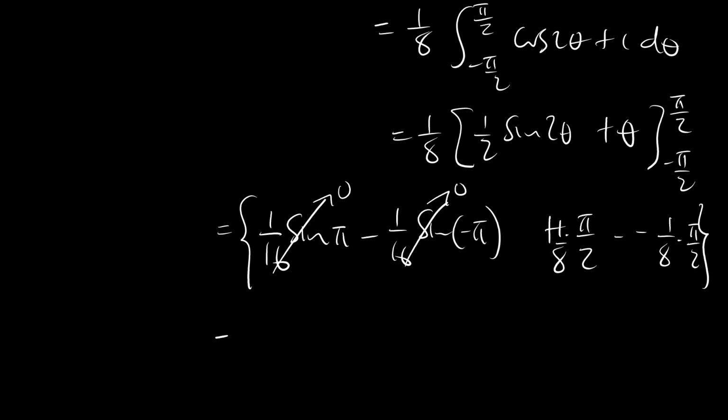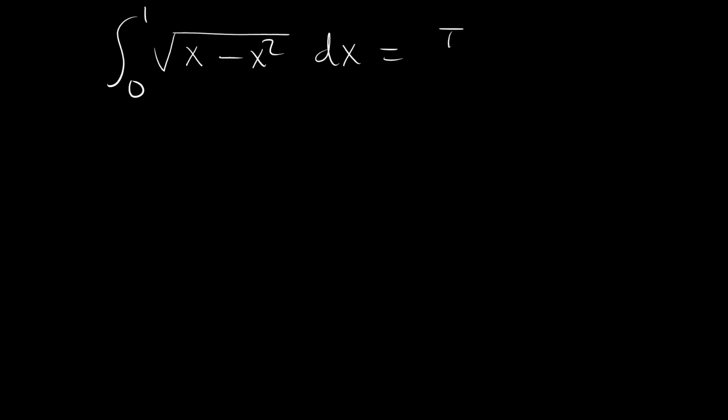So this is simply 1/8 pi, or pi over 8. So in other words, the integral from 0 to 1 of the square root of x minus x squared is equal to pi over 8.